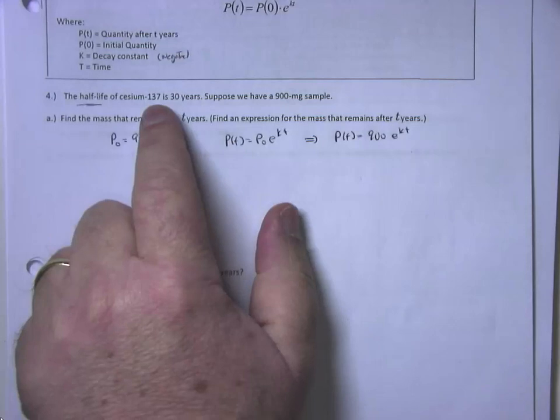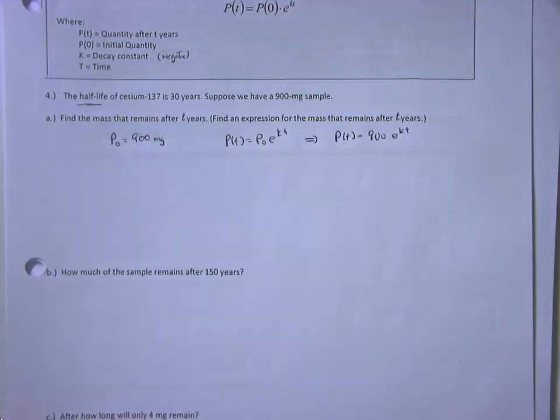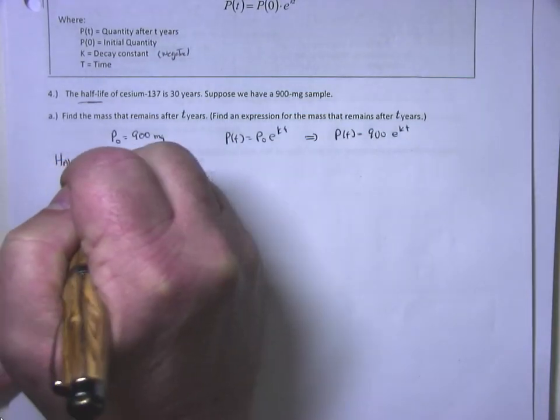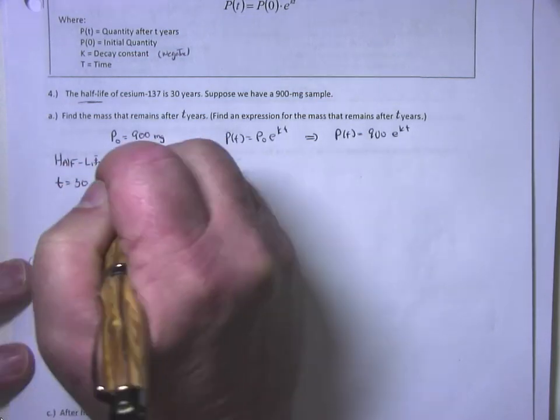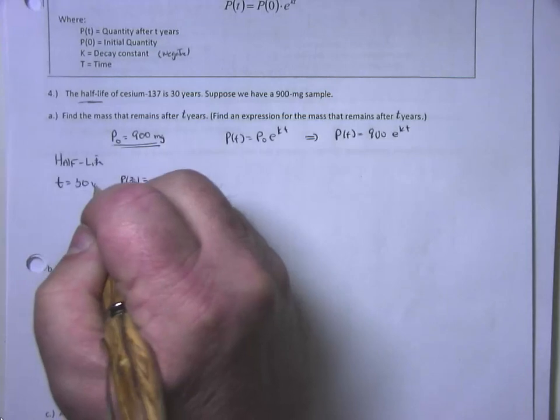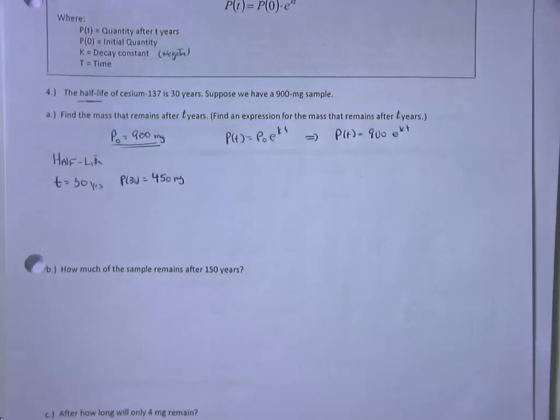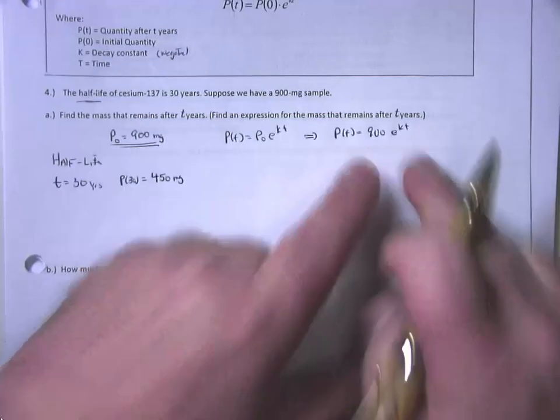The half-life of cesium-137 is 30 years, which means when time equals 30 years, remember I started out with 900 milligrams, how much will I have after 30 years? What's half of 900? 450 milligrams. It will literally be cut in half. Does that make sense? That's enough information to plug in here so I can solve for k.